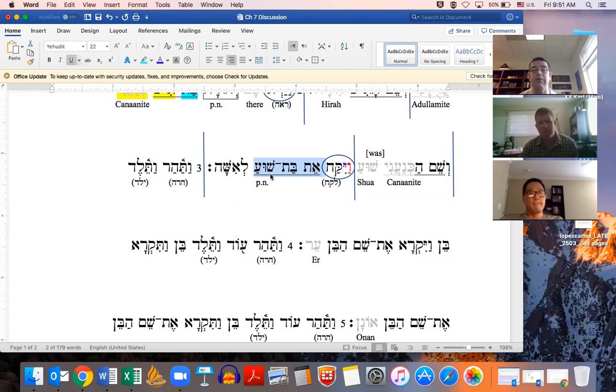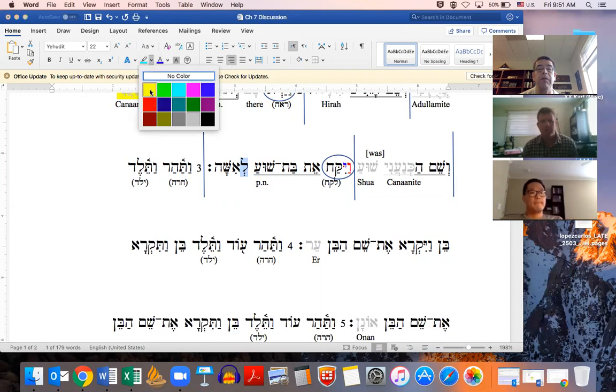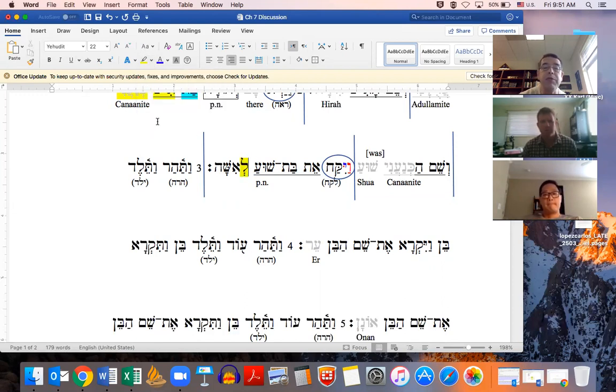So he took, and then this, and then I'm getting a word with the preposition, which means that this also is a unit. Now that helps me break things apart, and I'm going to treat them in components. So he took the daughter of Shua.